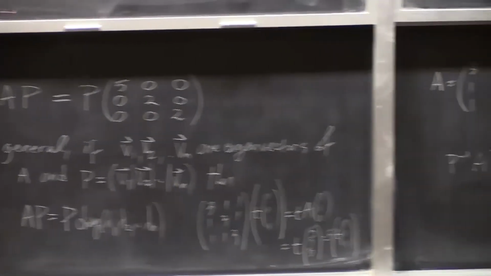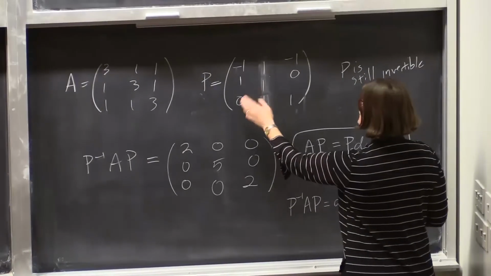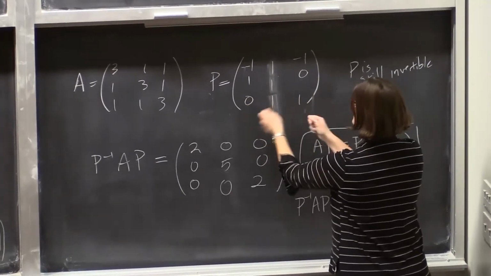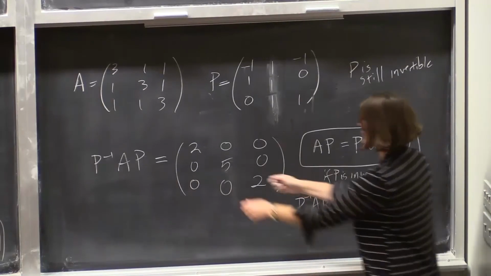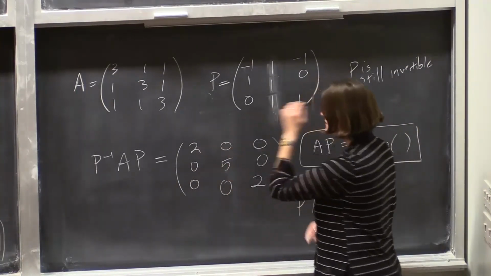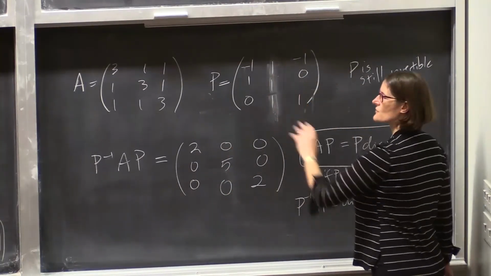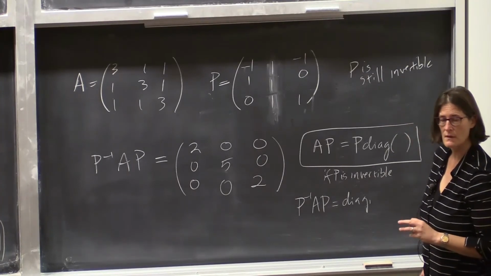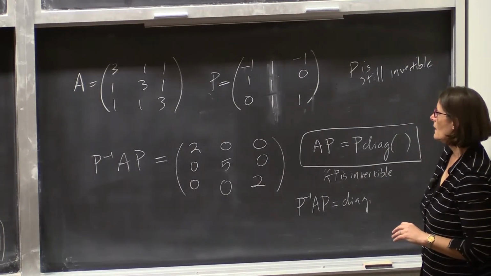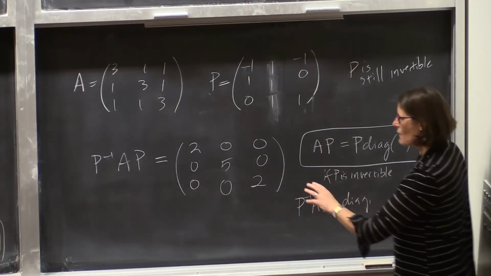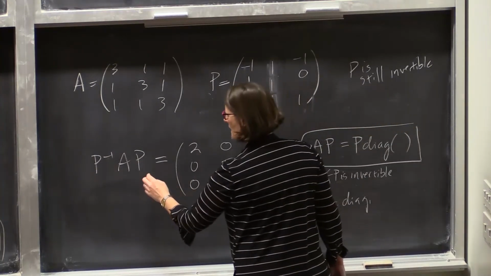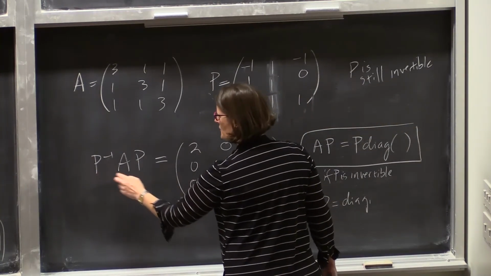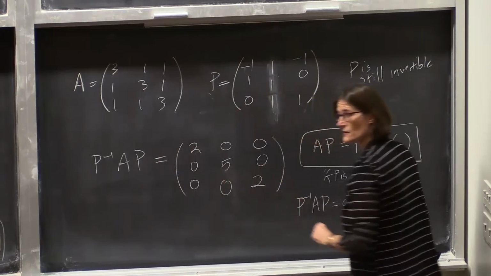Eigenvector, eigenvalue 5. So not only can I shuffle around the eigenvectors, which shuffle around the diagonal entries, but I can take any eigenvector and multiply it by a non-zero number. And that will give me a matrix so that P inverse times A times P is a diagonal matrix.